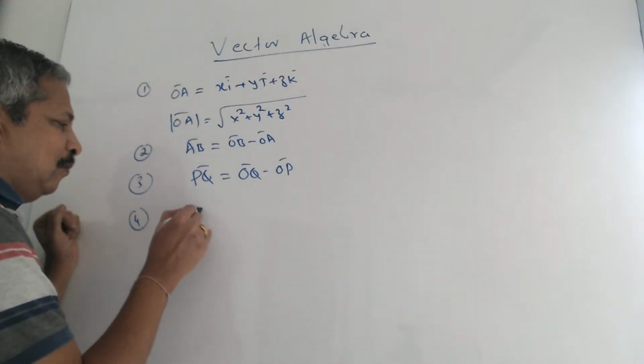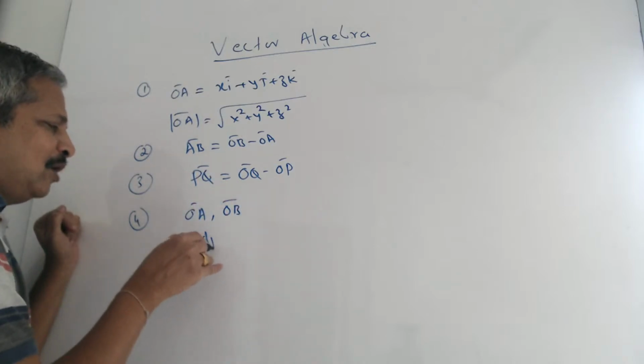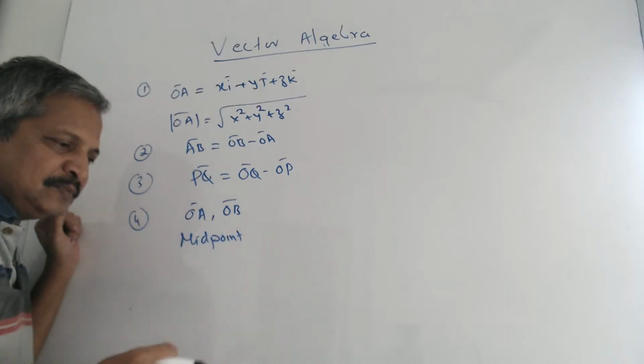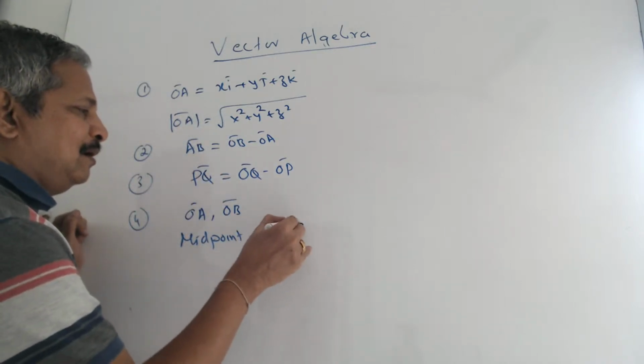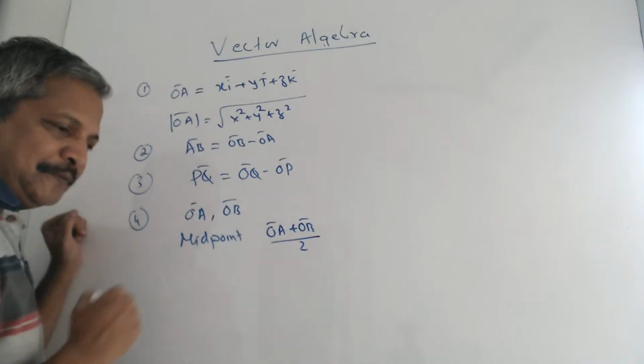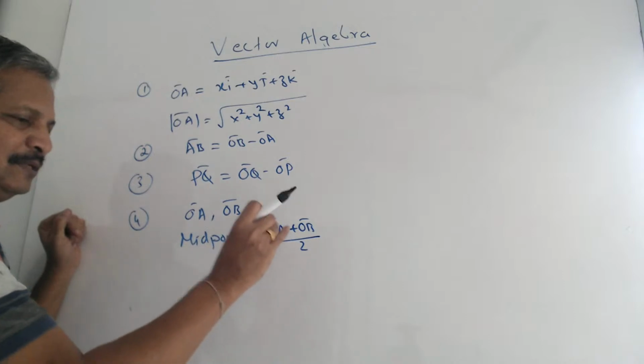Let us imagine OA bar is a vector and OB bar is a vector; then the midpoint of the line joining A and B is OA bar plus OB bar by 2.